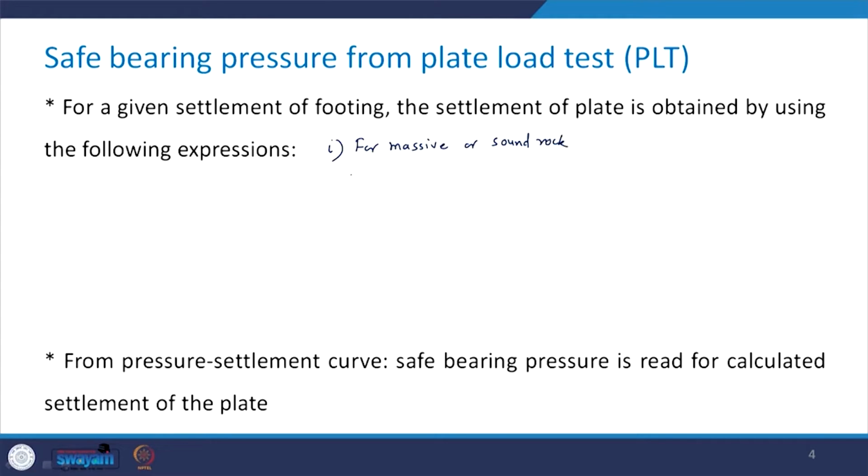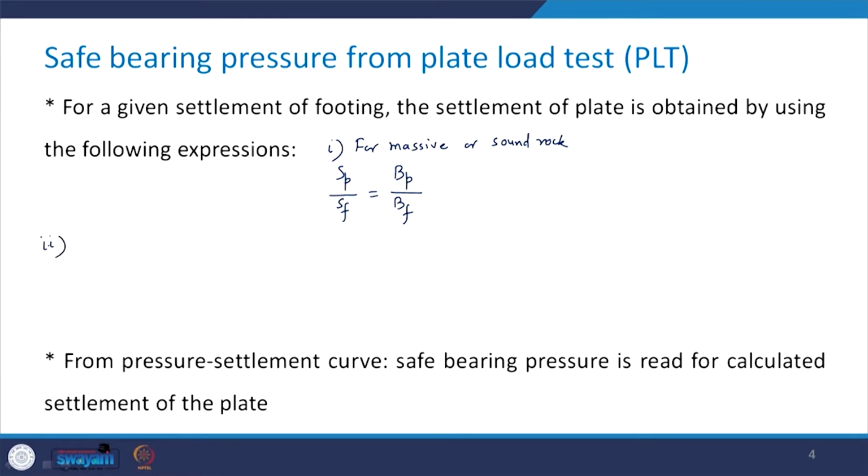You have SP upon SF is equal to BP upon BF. I will tell you what all these terms are, but let us first see how you can get the settlement in case you have laminated or poor rocks.